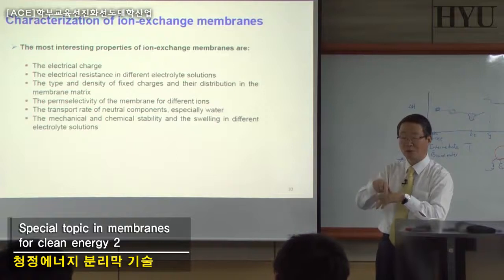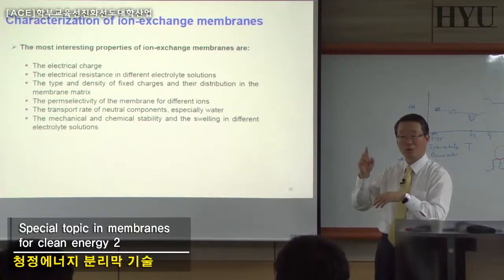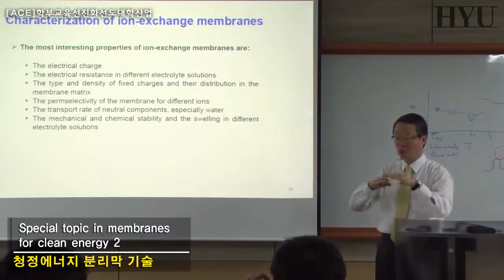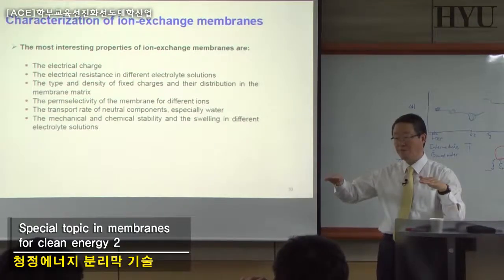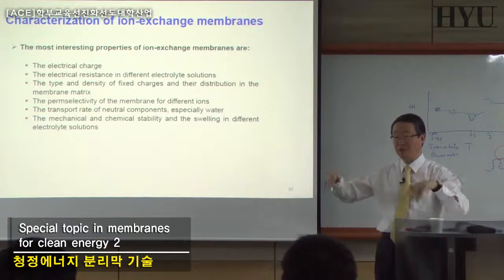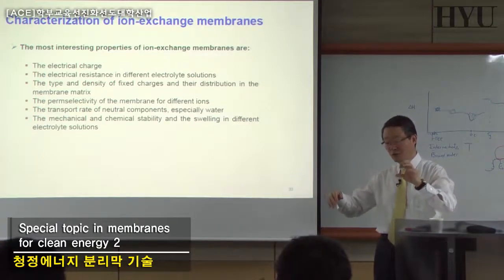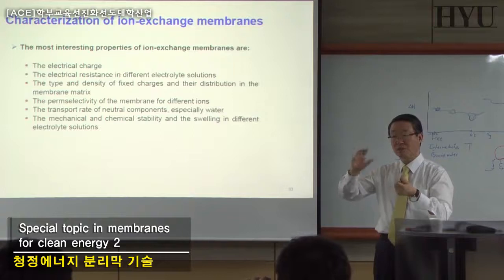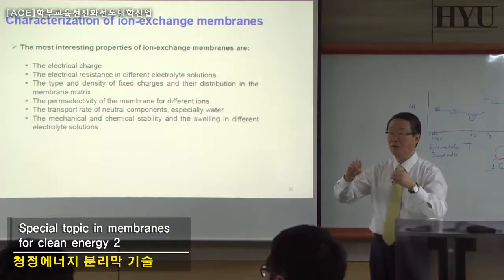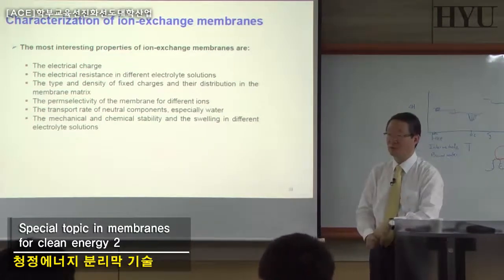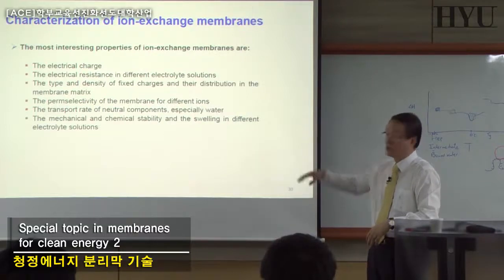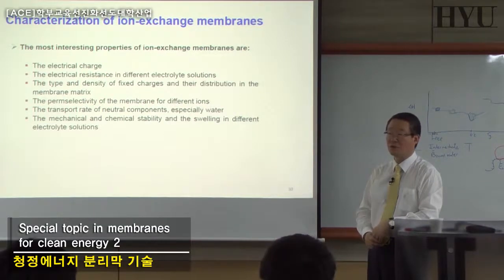One form will be dissolved, and the other form will not be dissolved. So this is the situation. Although you have the same charge in the membrane, same density, same distribution, if you just change the opposite counter ion, you have a different solubility. So this is an issue. That's why it's very complicated, very different from the neutral, non-ion-containing polymer membrane that we have already talked about.